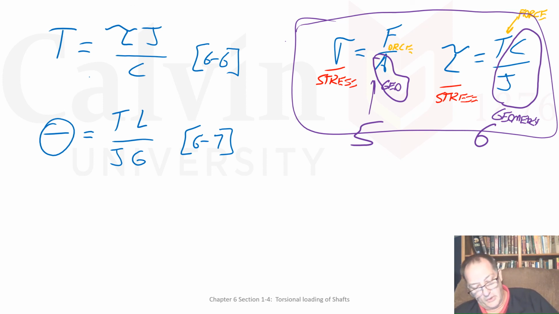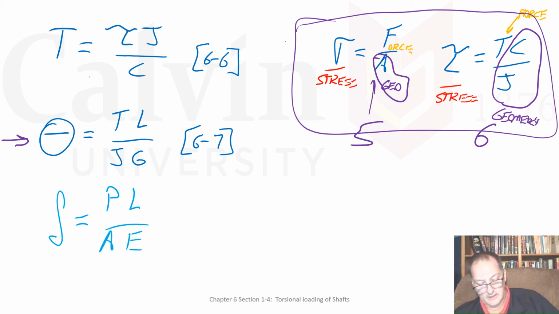Here is my equation for displacement. Now, I hope at this point you have it memorized, but from chapter 5, the equation for displacement is PL over AE. And so I'm going to use the same color code, kind of.